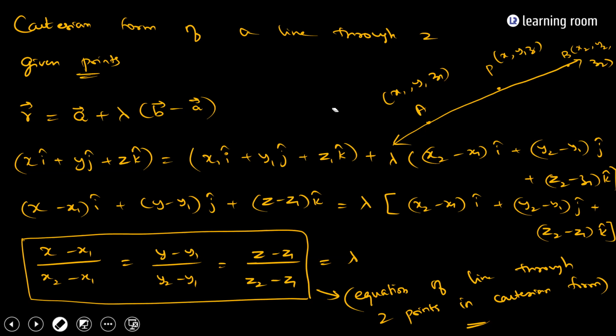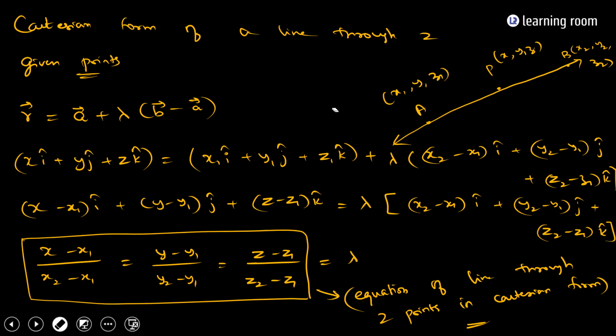So if you compare both and see, yesterday, when we know the equation of a line through, when we know two points x1, y1, z1 and x2, y2, z2, you know how to find the direction ratio of that line, right? How do we find the direction ratios? You will simply find the difference between the x coordinates, the difference between the y coordinates, and the difference between the z coordinates, correct?